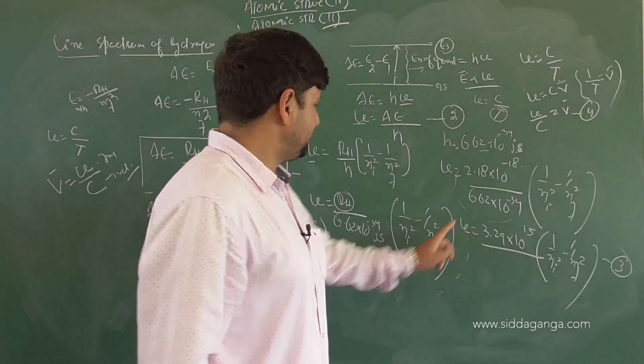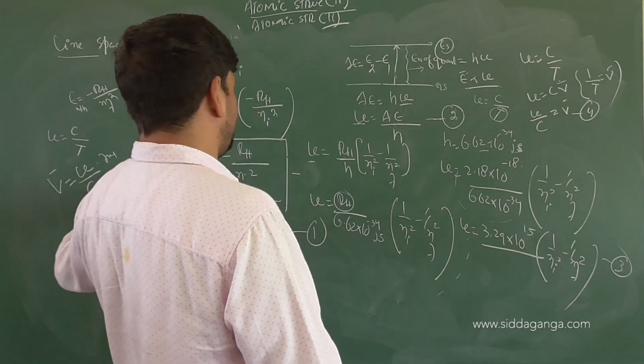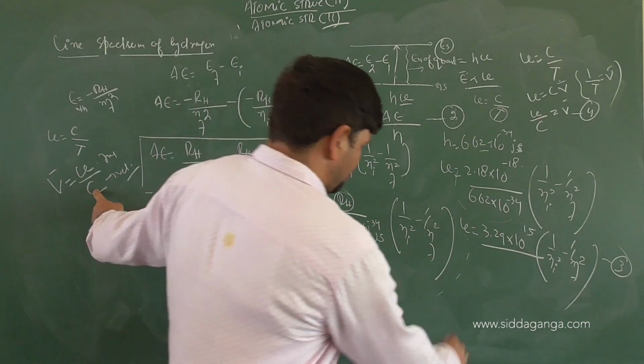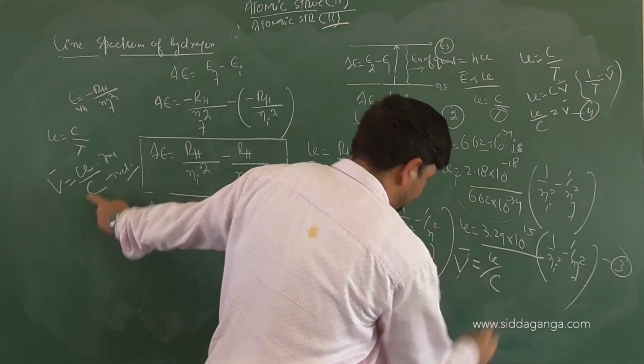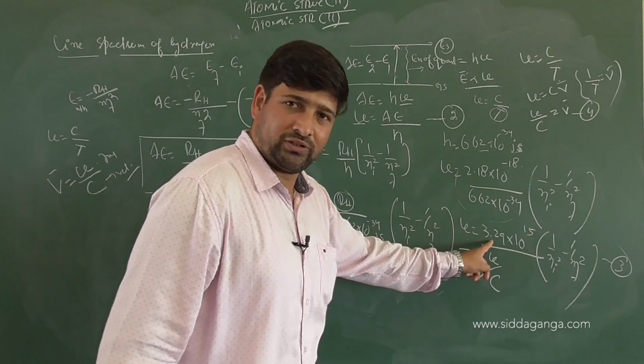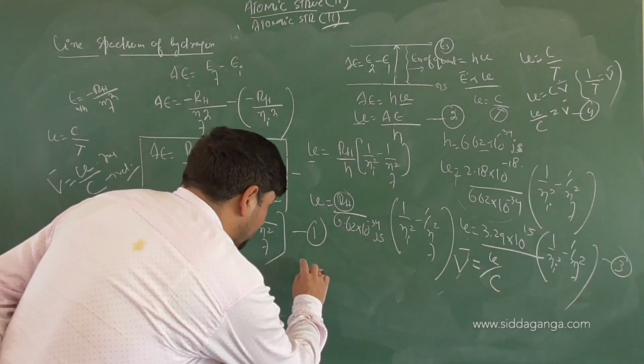Wave number equals nu by c. What is the nu value? 3.29 into 10 to the power 15. So what does the equation become?